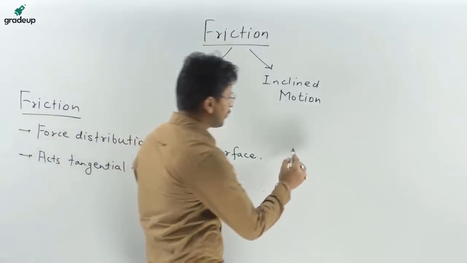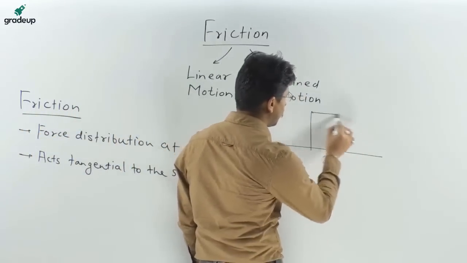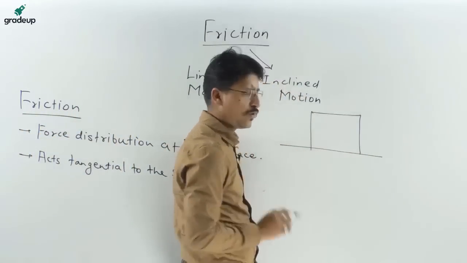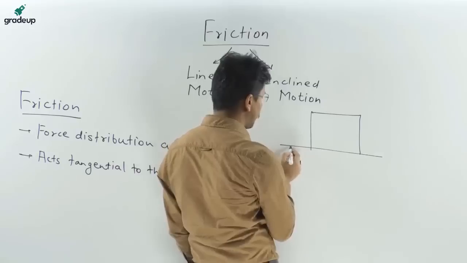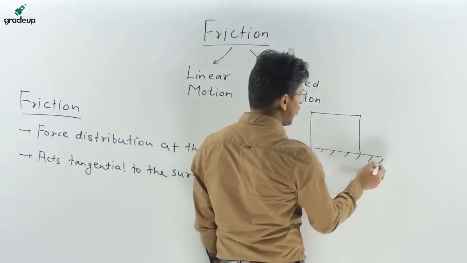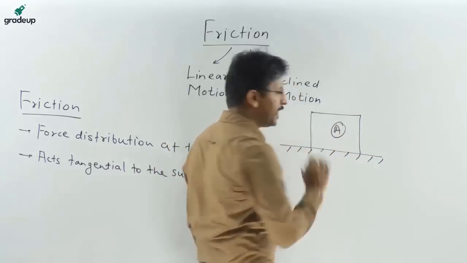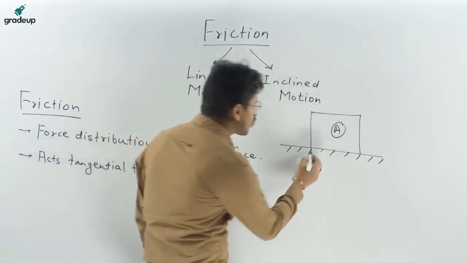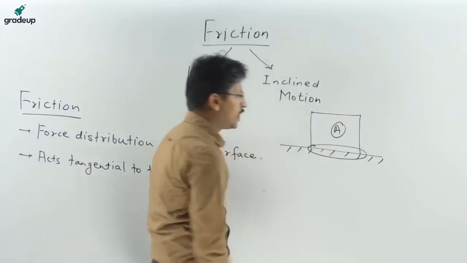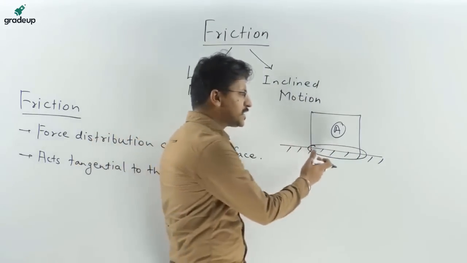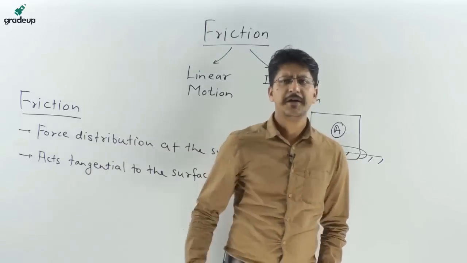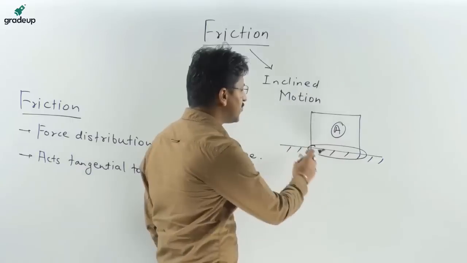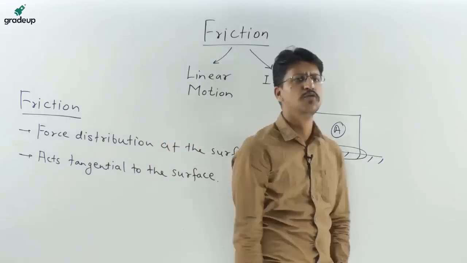So suppose this is a plane, and there is a body A lying over this plane. At this contact surface, at the macroscopic level, it may appear that this contact is very smooth.